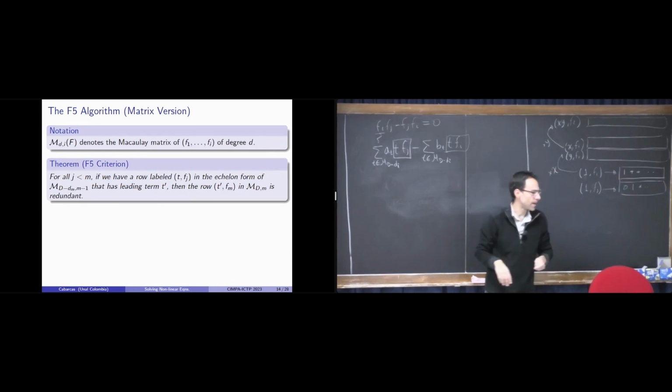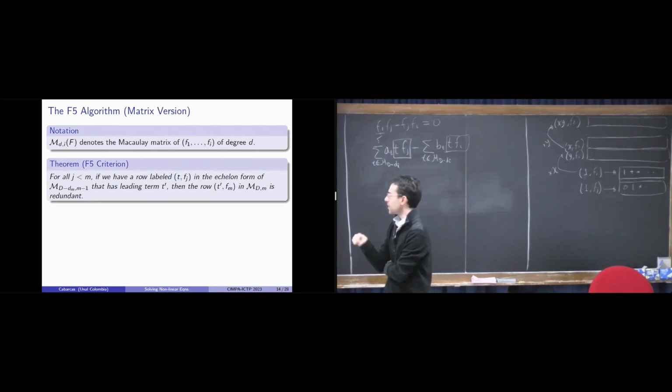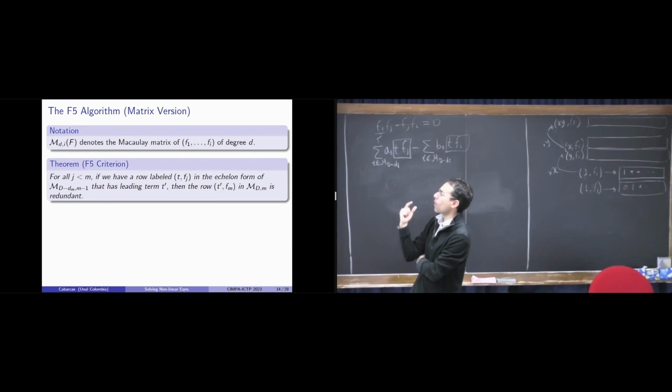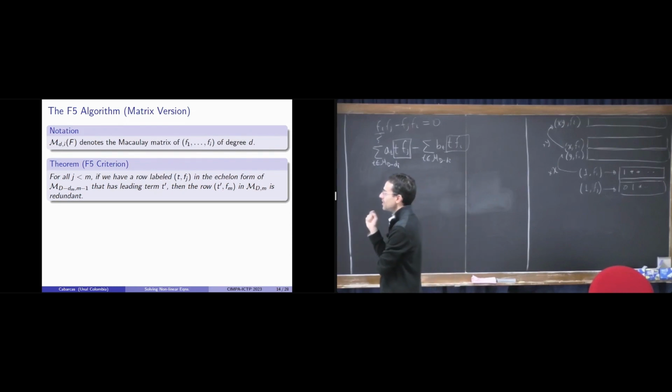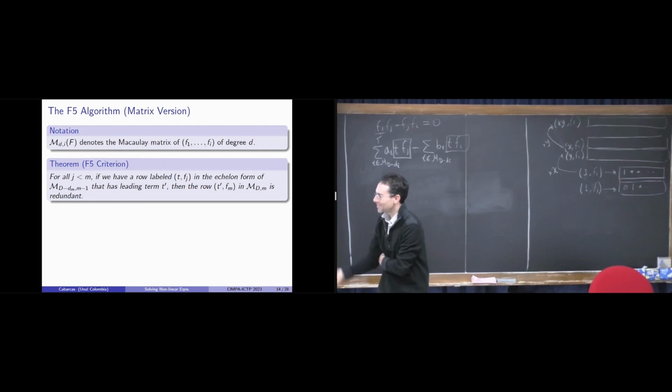This is what the F5 criterion says. It says, for all j less than m, if we have a row labeled t·Fj in the echelon form of M_{d-dm, m-1} that has leading term t', then the row t' of M in M_{d,m} is redundant.